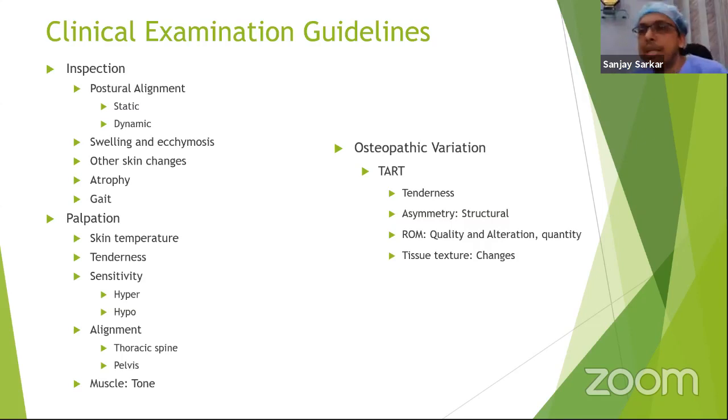Now, asymmetry is essentially structural. So let's say, for example, if I try to bend down, if I try to bend forwards or extend my back, I am trying to check side to side motion, how the motion is based on the right side to the left, the mirror image. I am trying to evaluate the side to side variations with asymmetry, if there is presence or absence of asymmetry or not.